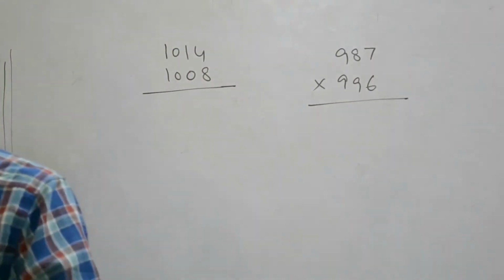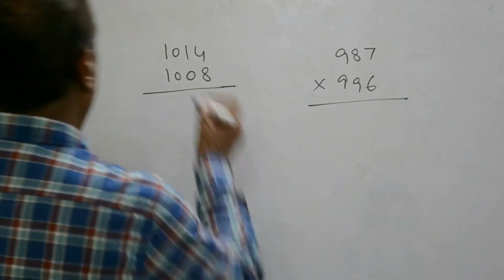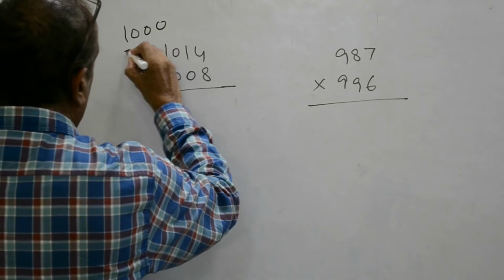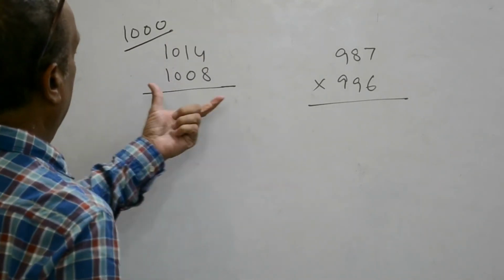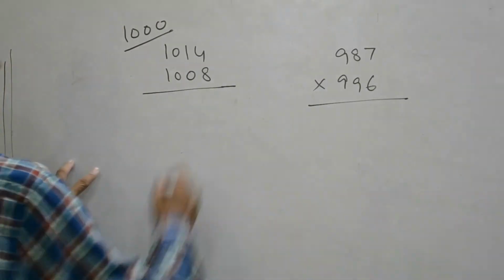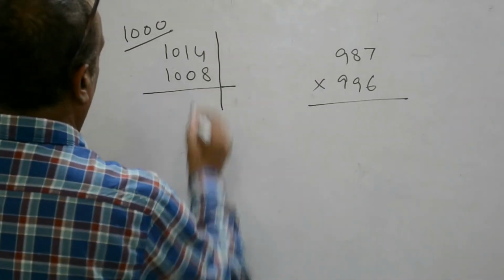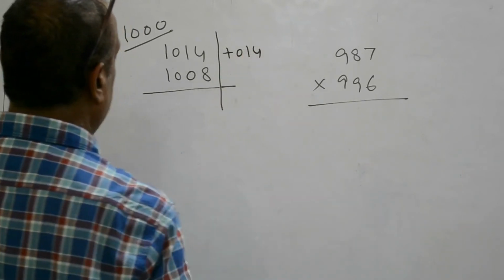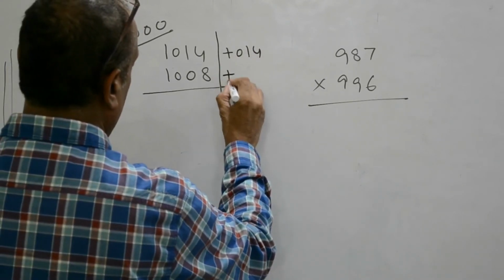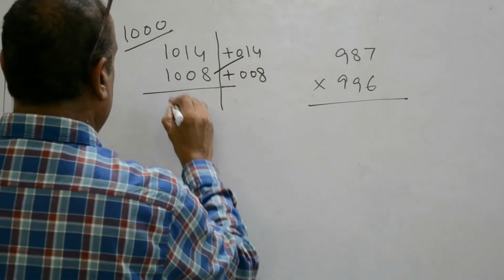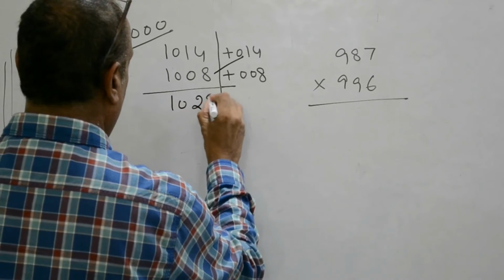Now let us solve these two problems. These problems have a base of 1000. These numbers are near the base 1000. So this is 14 more than the base. This is 8 more than the base. Add it up, it is 1022.